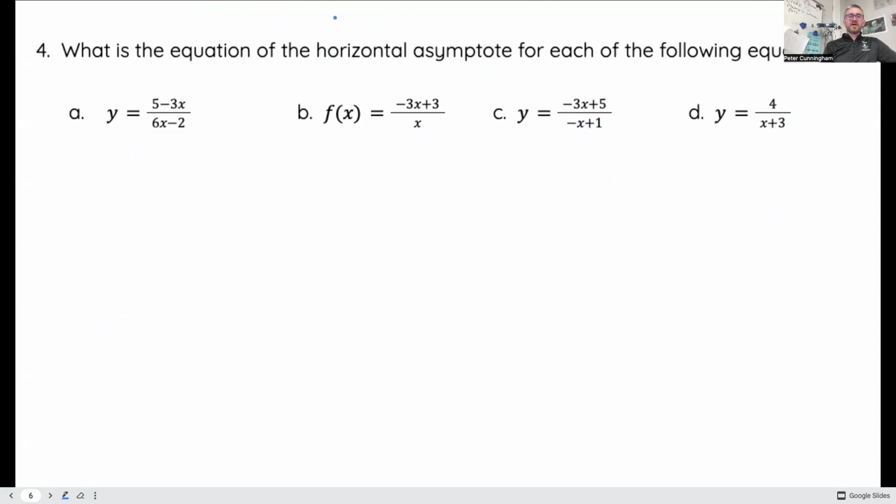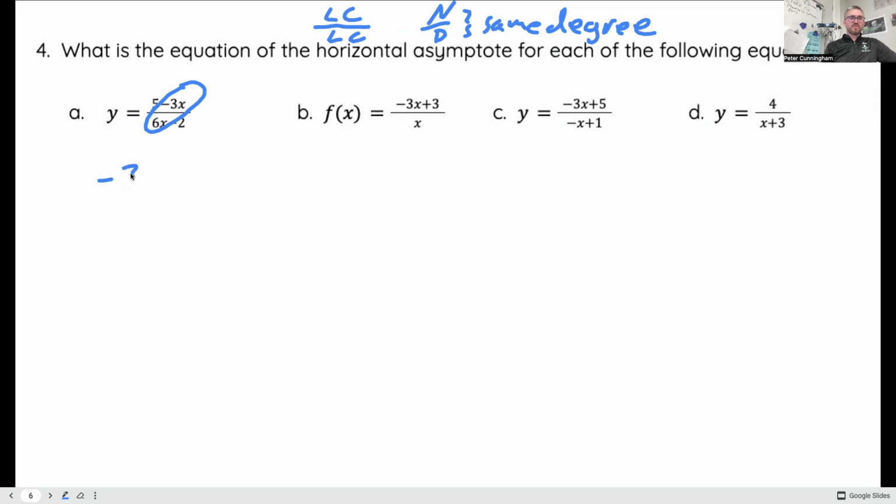All right, horizontal asymptotes. We need to take the lead coefficient divided by the lead coefficient. This is when the numerator and the denominator have the same degree. Okay, so in this case, we have -3x divided by 6x.